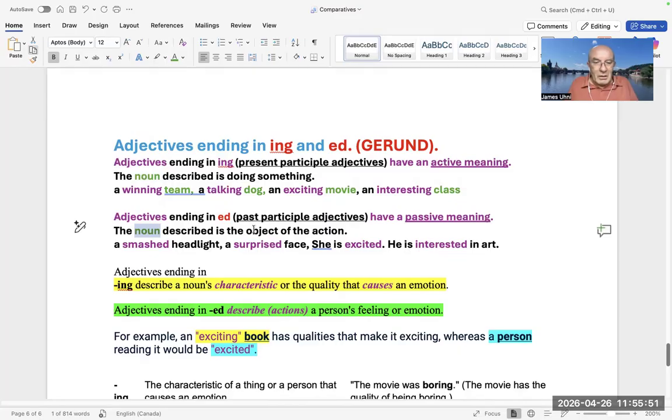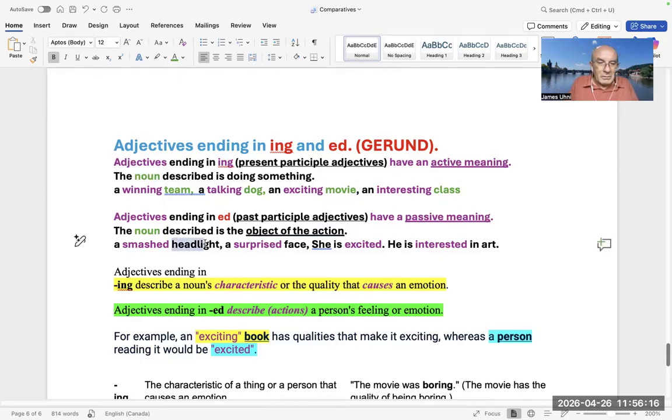It is the object of the action. Wow. So let's see, what does it mean? A smashed headlight.